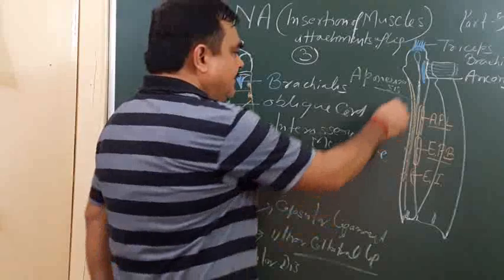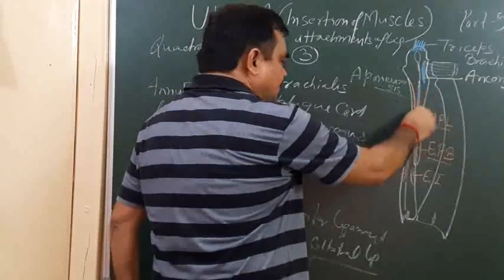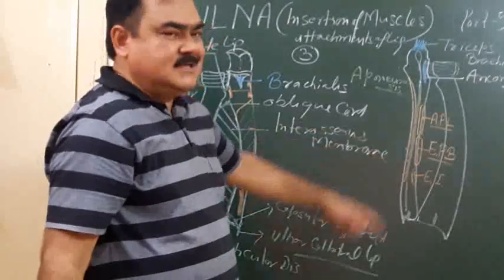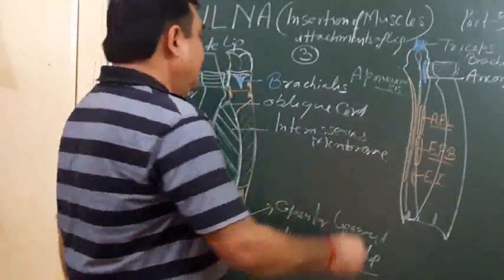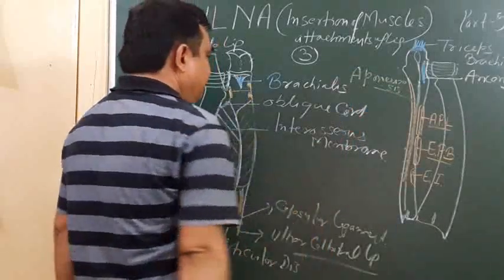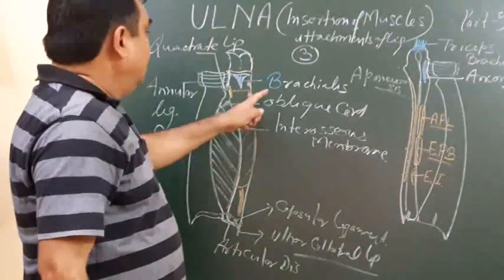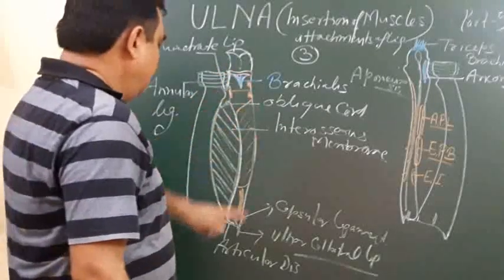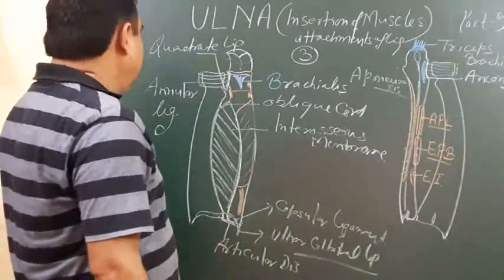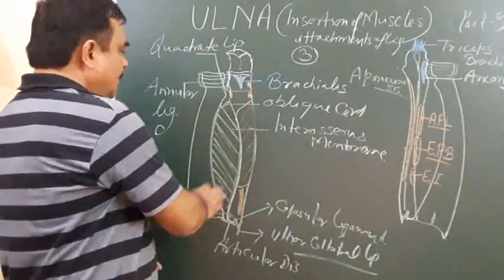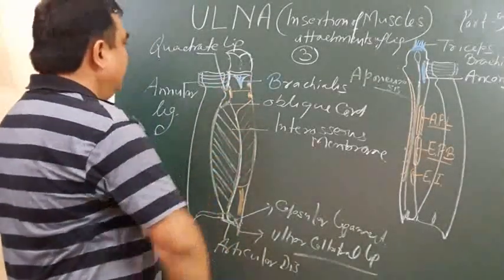And here you can see on the posterior border there is aponeurosis. This aponeurosis gives attachment to three muscles we have seen in the previous lecture. So here you can see 8 membranous structures, aponeurosis, or ligaments attached to this ulna.